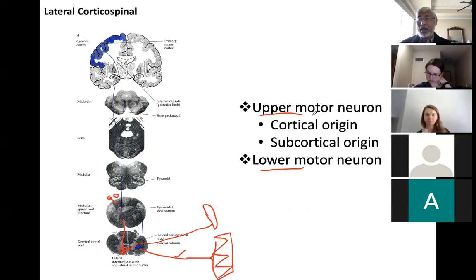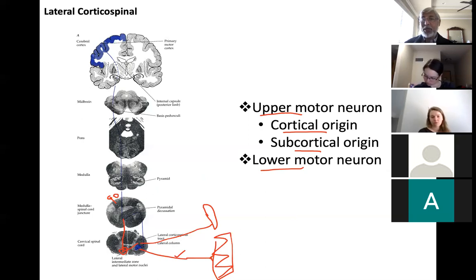That is something I want to make clear. Not all the fibers are the same. Upper motor neurons can have two types of origin. They may either originate from the cortex or they may have subcortical origins. Now, those which originate in the cortex are again of two types.